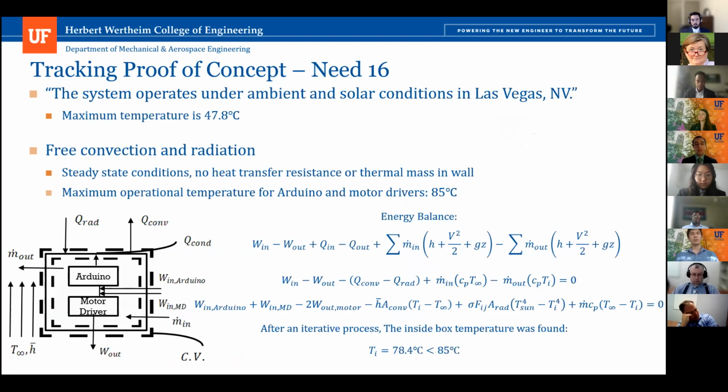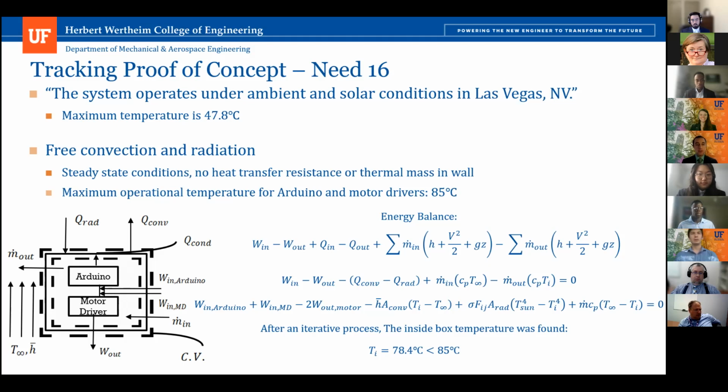And because of the hot temperatures induced in Las Vegas for long periods of time, an energy transfer balance was done on the electrical enclosure box. It was determined that free convection from the surrounding air, and possible radiation from the sun itself were the types of heat transfer that would possibly harm the inside components.